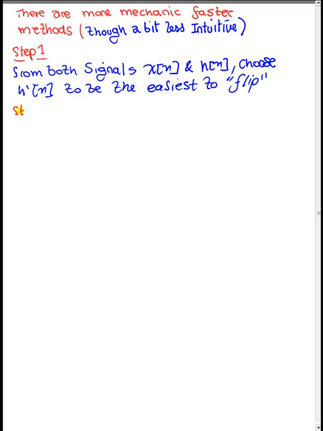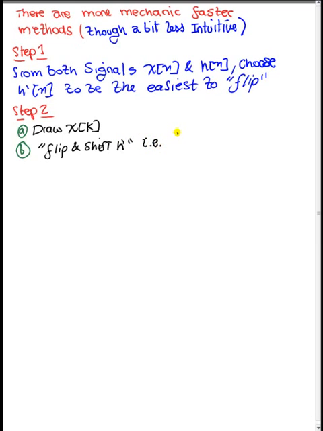Step 2: you're going to first draw x of k. Then step B, you're going to flip and shift h. In this case, this is the h to determine h prime, i.e. h of n minus k.